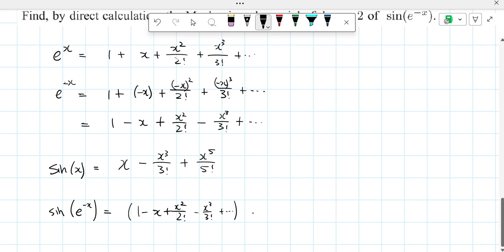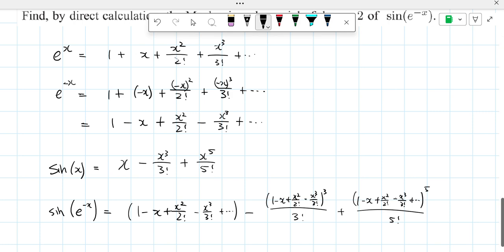We don't need all of that, but I'm just going to write it down first. 1 minus x plus x squared over 2 factorial minus x cubed over 3 factorial, the power of 3 divided by 3 factorial, plus 1 minus x plus x squared over 2 factorial minus x cubed over 3 factorial plus dot dot dot to the power of 5 divided by 5 factorial. That part is simple. Now the complicated part is after this.